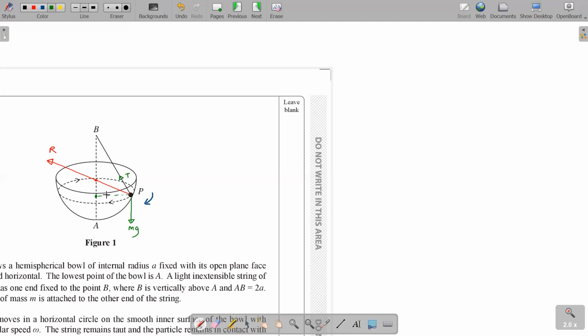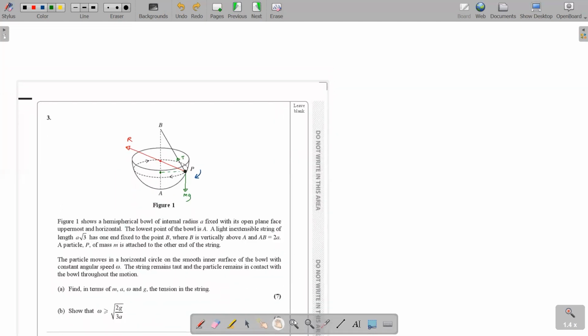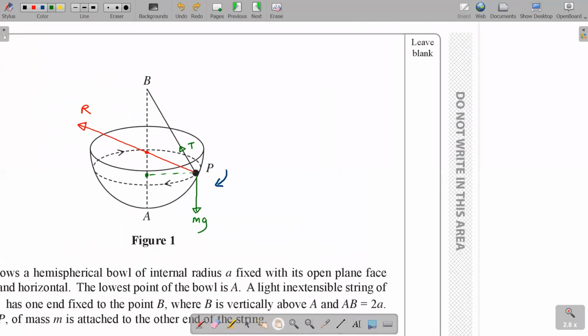Okay, so now let's find the angle. How do we find the angle? The first thing is they're telling you that the internal radius of the ball is A. That means this point here is the center of your hemisphere.